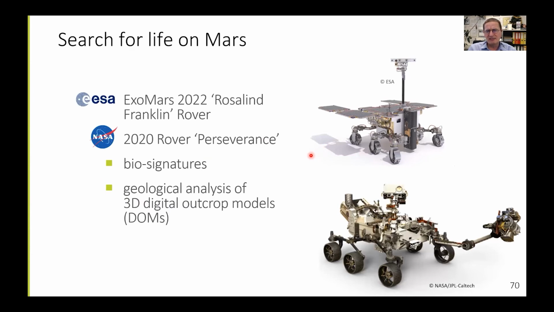So why are these outcrop models so interesting? In the past, they have been done more physically, by geologists going into the field and looking into the rocks. But if you have a capture of the rock face and images, you get a digital model. It's a DOM, a digital outcrop model, and then you can analyze.